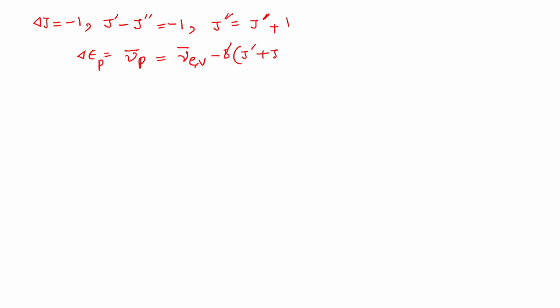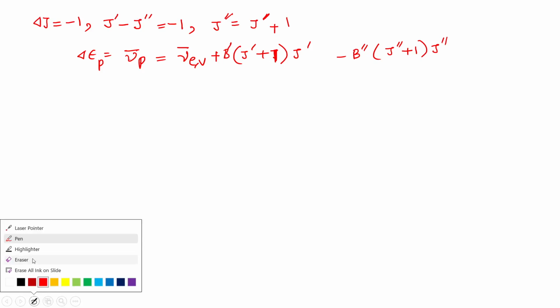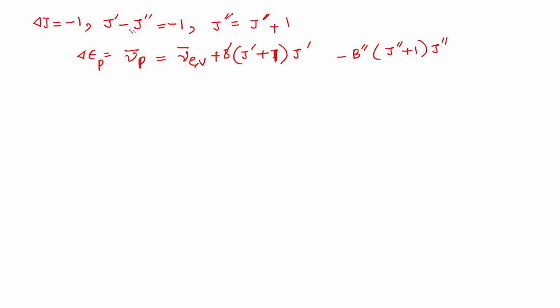J dash plus 1, J dash minus B double dash, J double dash plus 1, J double dash. So if I have to do it in terms of J, my J dash is going to be J double minus 1.